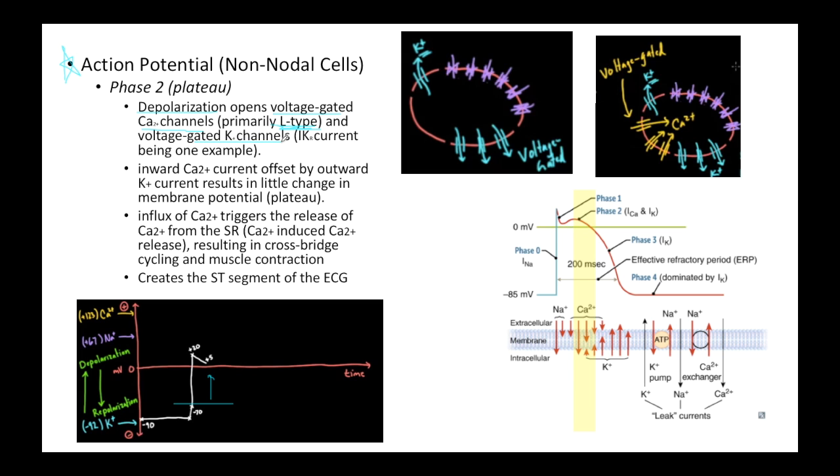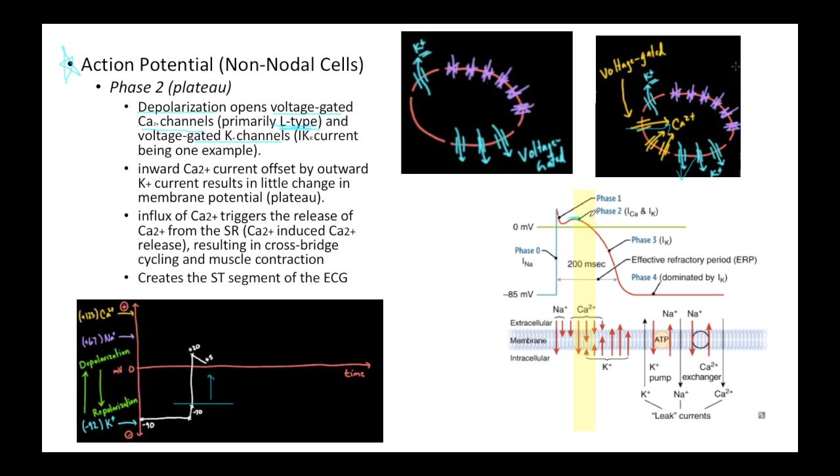And the voltage-gated potassium channels are still open and still doing their thing. So you can see here we've got calcium opening, potassium's still open, that's still going on. So calcium is going in, potassium is going out, so they kind of offset each other, which is why we have this little bit of a plateau.